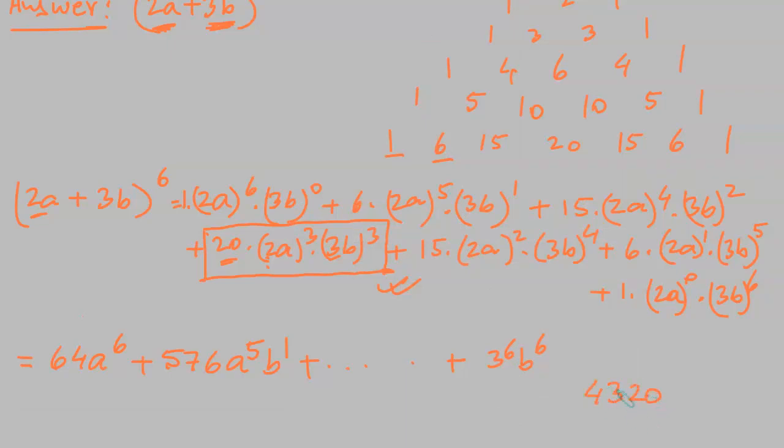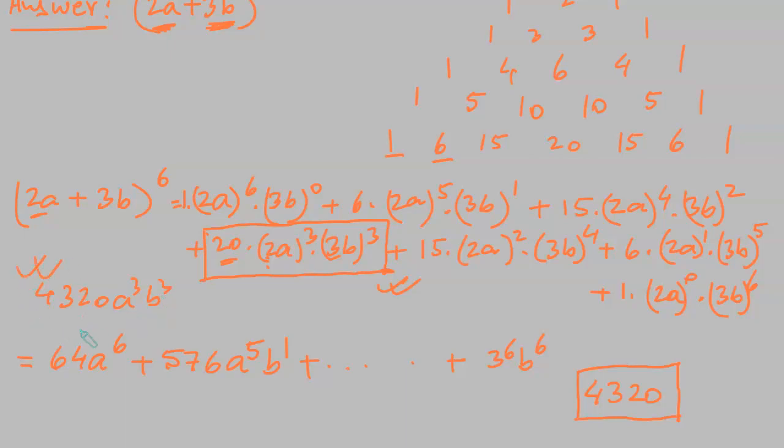So, the answer is 4320. And mind you, we will not be writing a to the power of 3 and b to the power of 3. Had they said that give the term containing a to the power of 3 and b to the power of 3, our answer would have been 4320, a to the power of 3 and b to the power of 3.